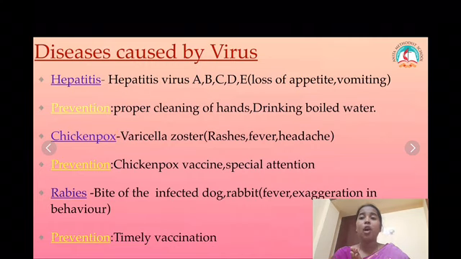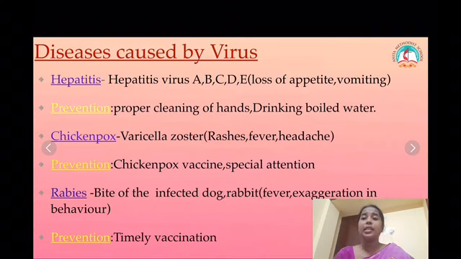Wherever we go out, after coming home, you have to wash your hands, children. Don't forget that. Next, we are going to see chicken pox. Chicken pox is caused by Bacillus zoster and the symptoms are rashes, fever, headache. How can we prevent chicken pox? By vaccination, and we have to give special attention to the particular victim.